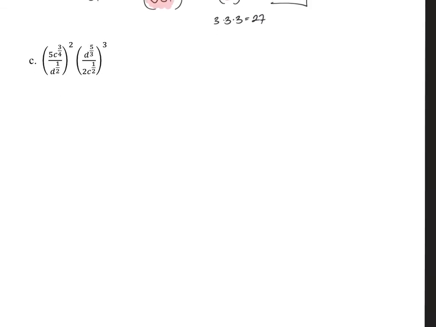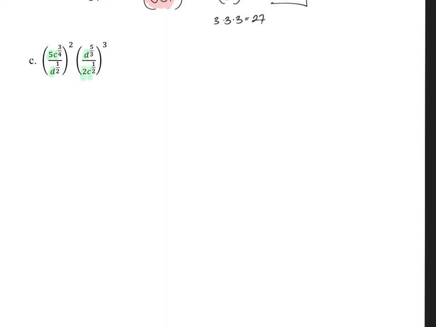Now, we've got this bigger problem. As usual, I like to check inside the parentheses to see if I can simplify. But notice, none of the bases are the same. I have a 5, a c, and a d. So I can't simplify inside on this one. And also for this one, I have a d, a 2, and a c. So none of those are simplifiable either.